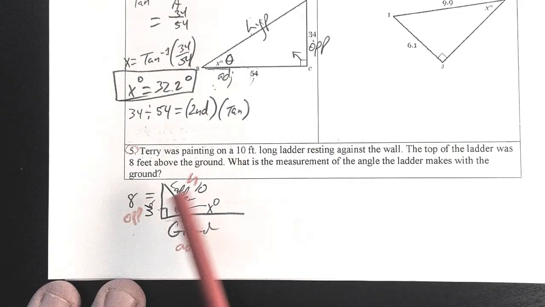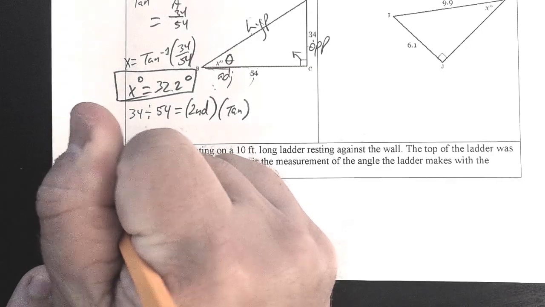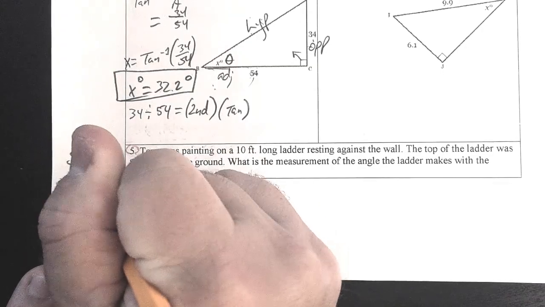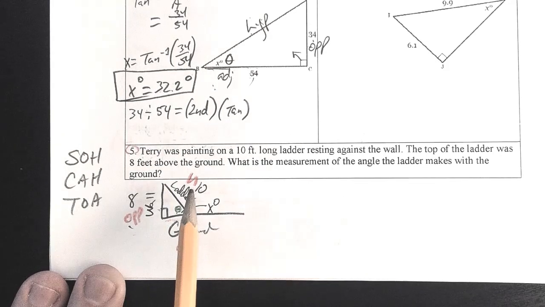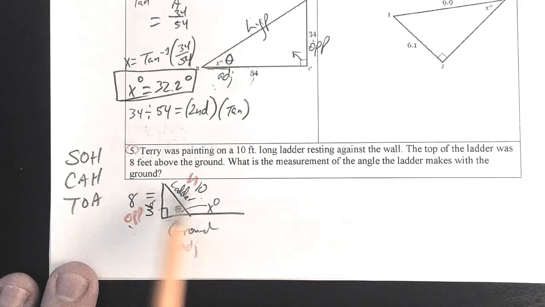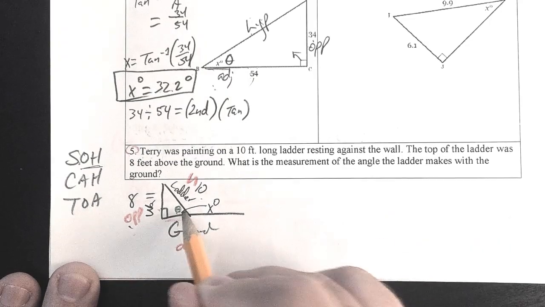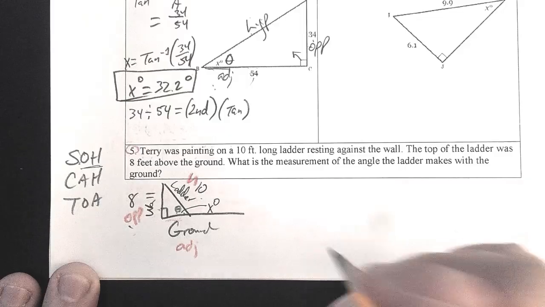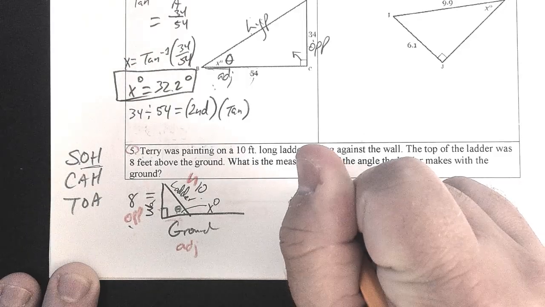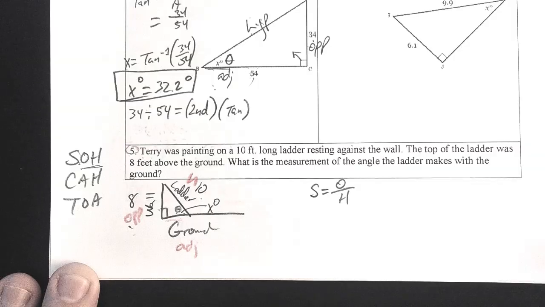So we have opposite and hypotenuse. I do hope by now you can write SOHCAHTOA without me telling you, but that's okay if you can't. Again, that's what I'm here for. Remember, we need 2 sides because we're doing the inverse sine to find the angle. So first, sine equals opposite over hypotenuse.